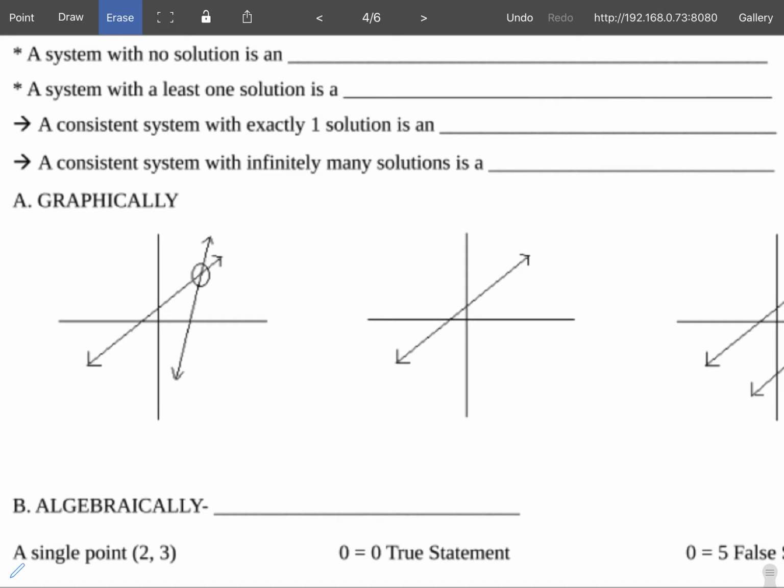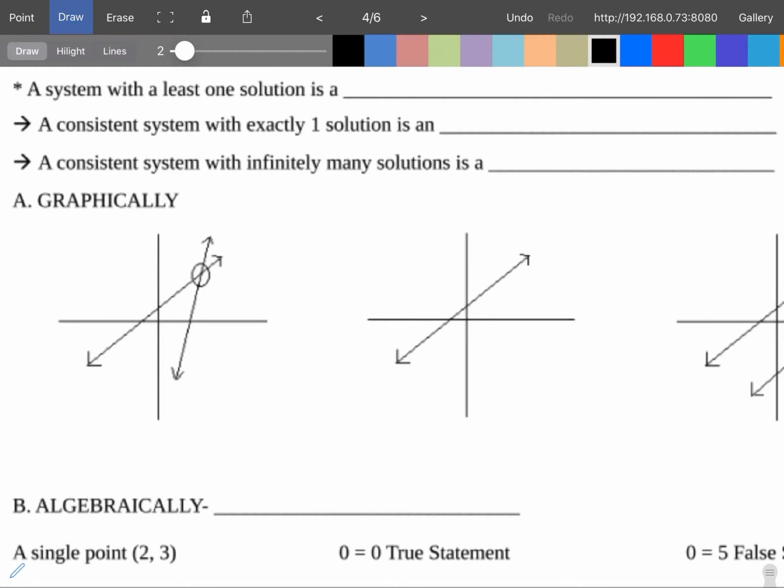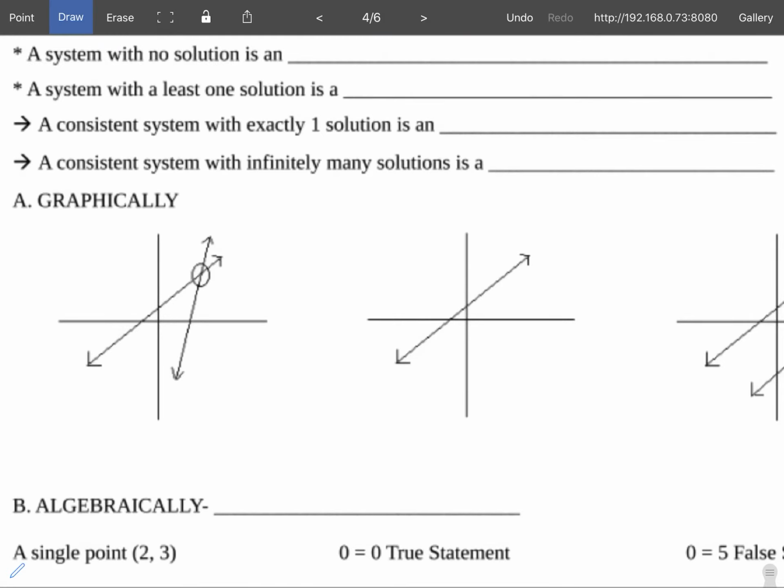A system with no solution is called inconsistent. So if there's no solution, the system is inconsistent.